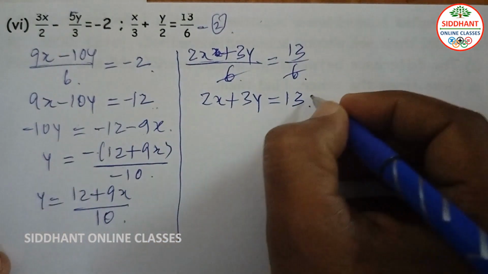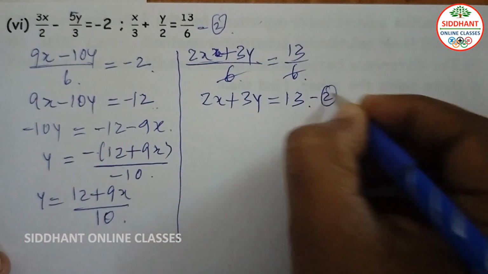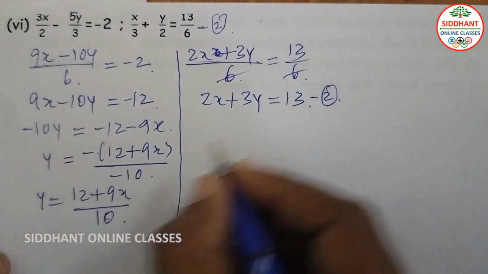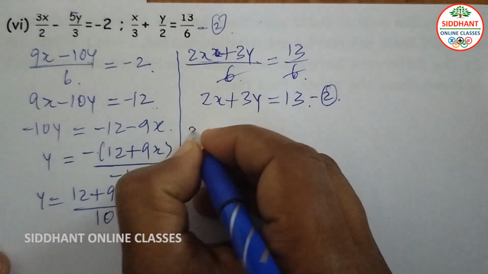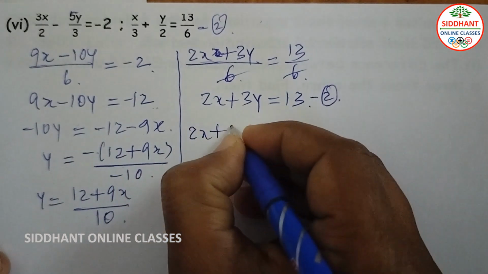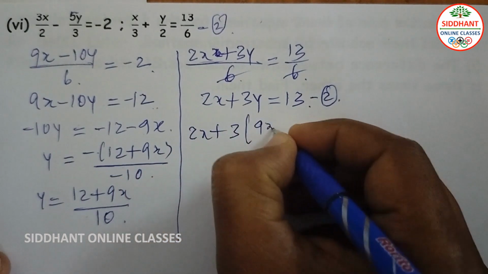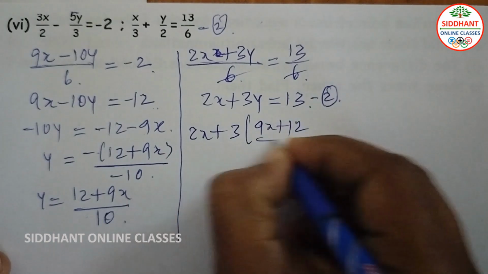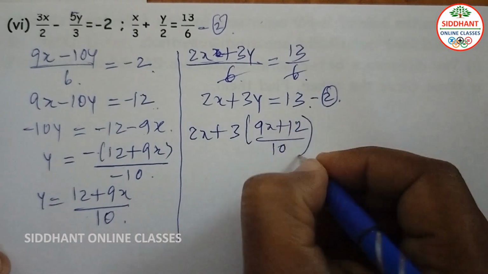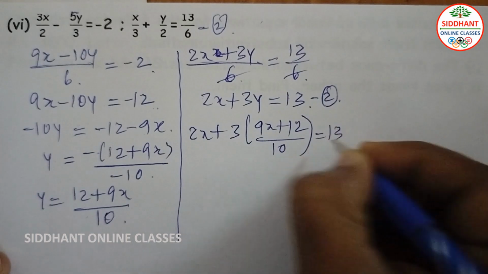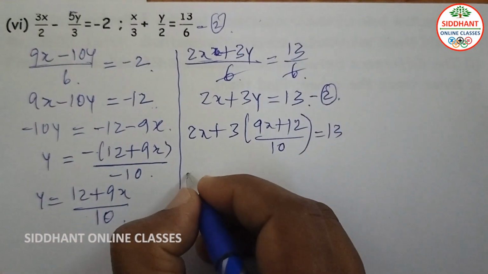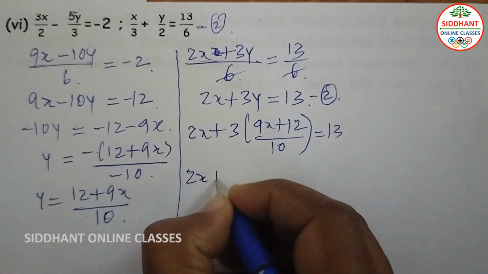So now this is the equation 2. So substituting y value in equation 2, that will be 2x plus 3 into 9x plus 12 by 10 equal to 13 here.